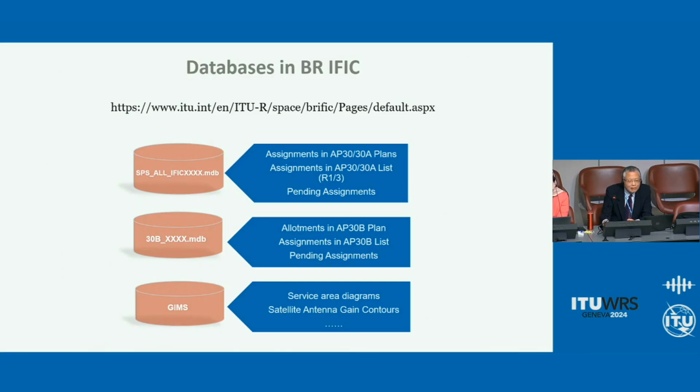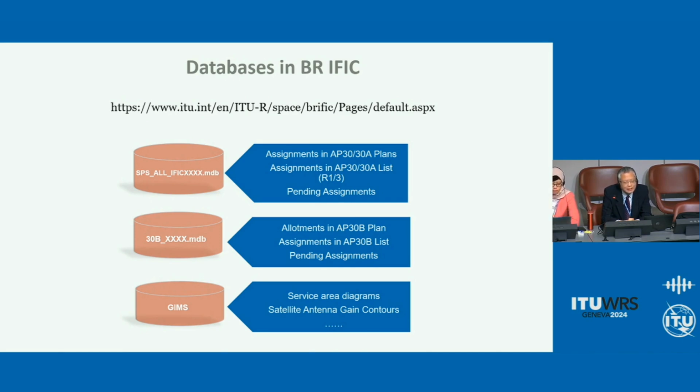The details of the plan can be found in the database. In the past it was on the BR IFIC DVD. Now it is online. You can download the DVD image from the ITU website, and inside each BR IFIC you can find the databases.